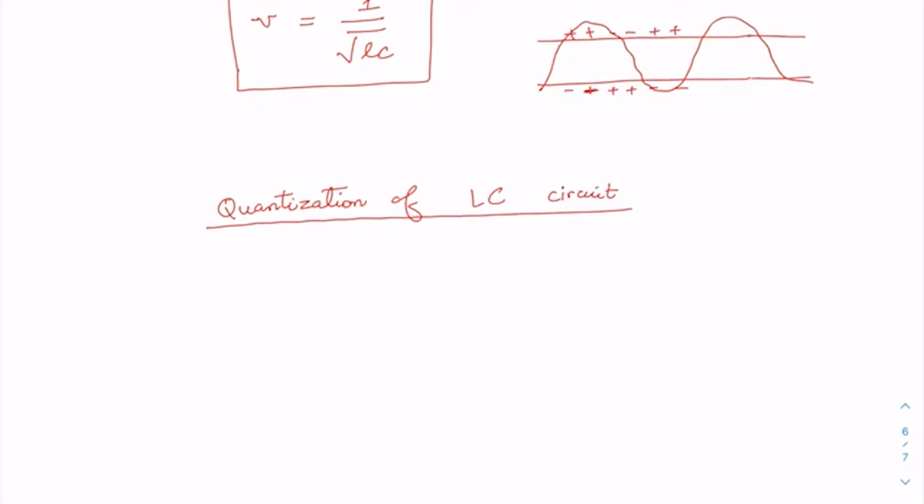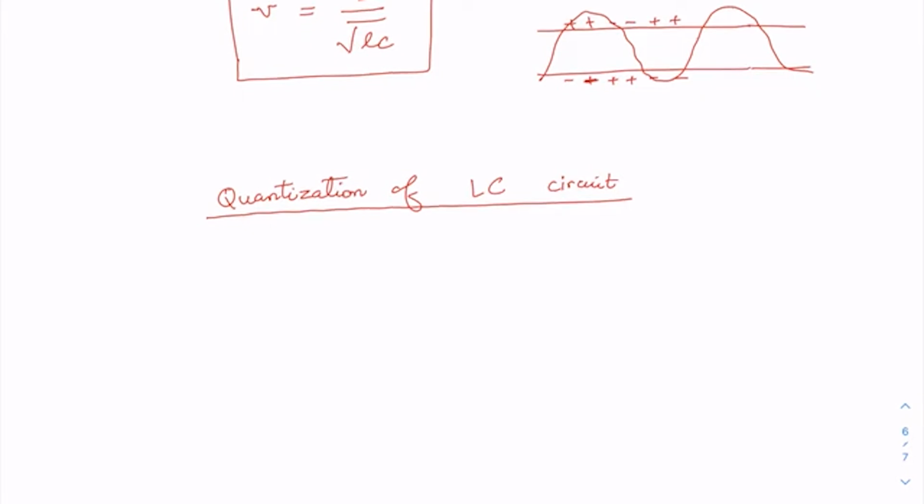In the previous module, we learned the general procedure for the canonical quantization of a classical system. The procedure was as follows.